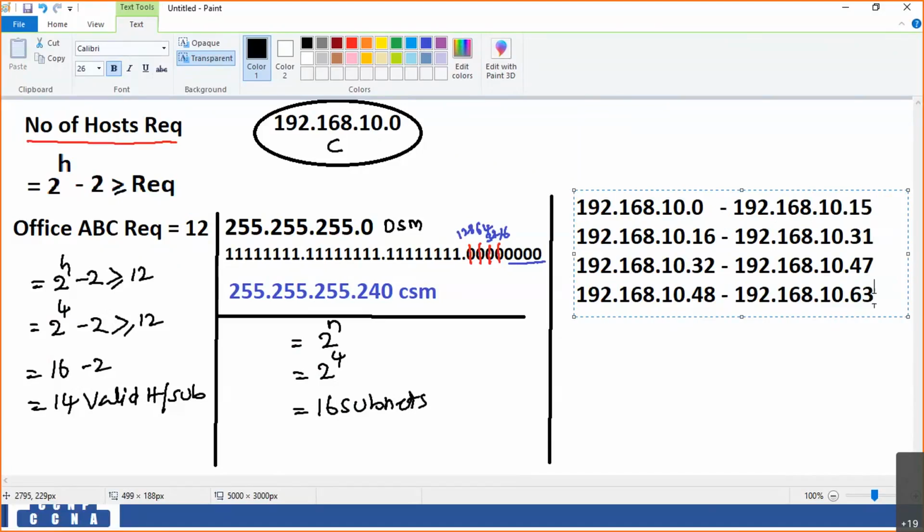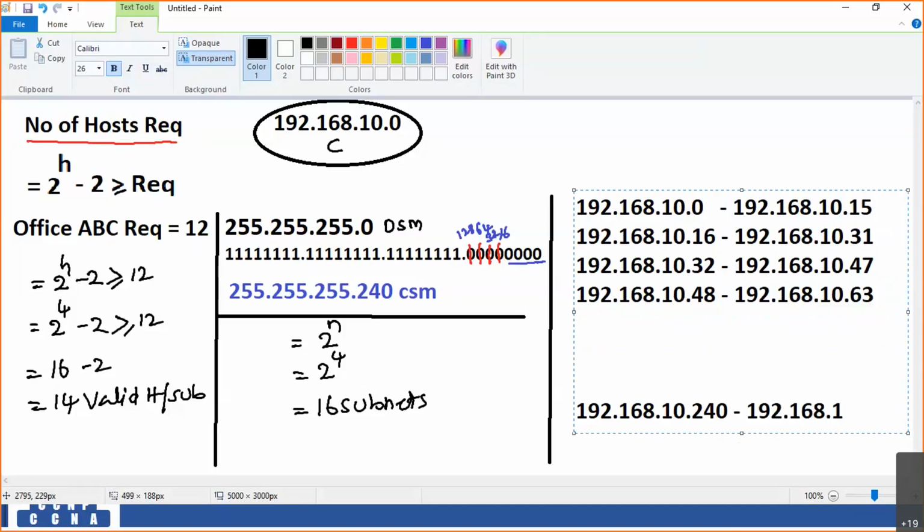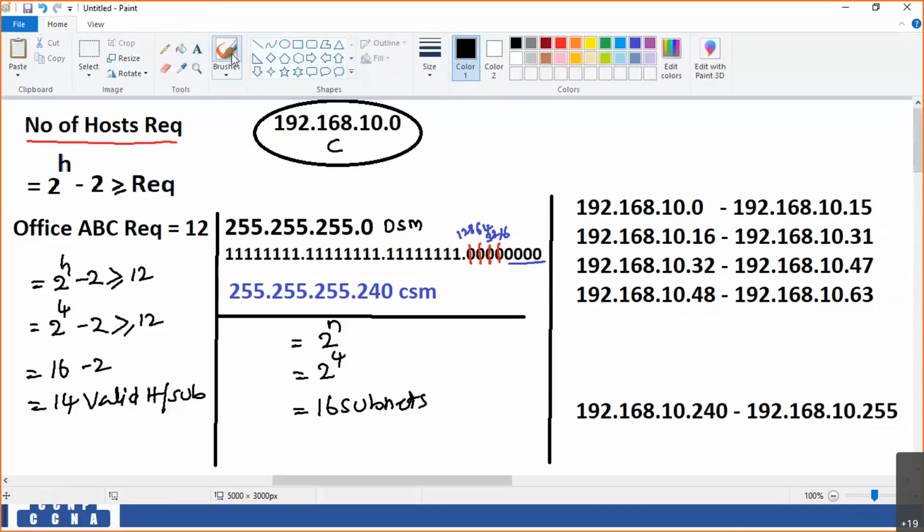What will be the last subnet range? 10.240 to 192.168.10.255. So this is the first subnet range, the second subnet, the third subnet, the fourth subnet, and finally the last one is the 16th subnet.